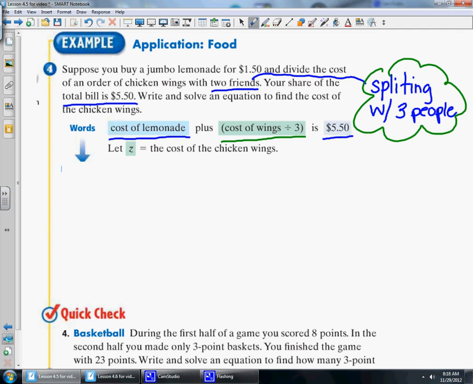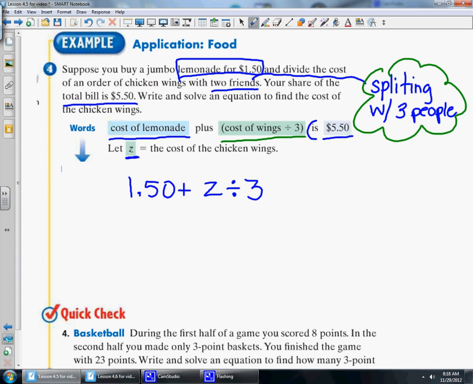$5.50. So if the Z is the cost of the chicken wings, we can write our equation. We know the cost of the lemonade is, right here it tells us the lemonade is $1.50. Plus the cost of the wings, we don't know the cost of the wings. We're assigning that the variable Z. So we have Z divided by the number of people eating the wings, which is 3.